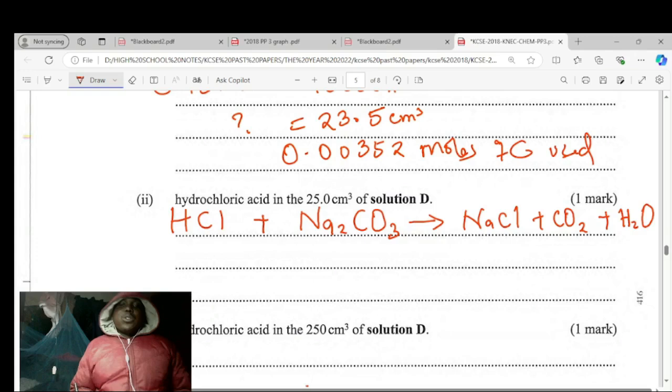Then balance the equation, because sodium here is 2, so you put 2 here and 2 there. You don't need to write the state symbols, because here we want the equation to help us only with balancing. The number of moles of sodium carbonate we have obtained is 0.00352, and the mole ratio, as you can see, is 1 to 2.